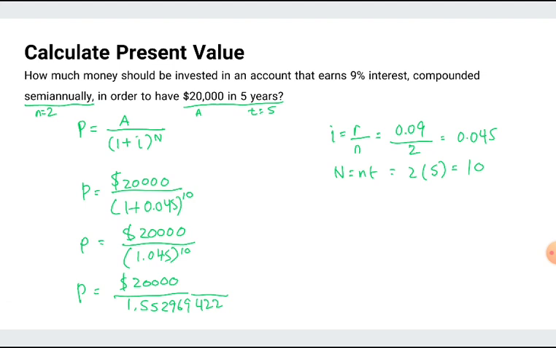We divide 20,000 with that, 1.552969422. What we have is 12,878.55 rounded off. So here is my final answer. So if I want to get 20,000 in 5 years' time with this interest rate, I need to invest about 12,000 today.